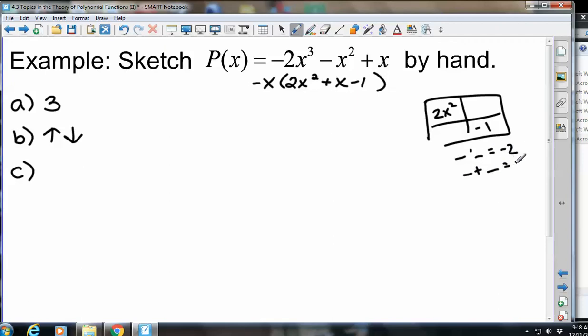So these multiply to negative 2, and they need to add to positive 1. What would that be? 2, negative 1. So we get 2x minus 1, x plus 1. So we found our factored form.